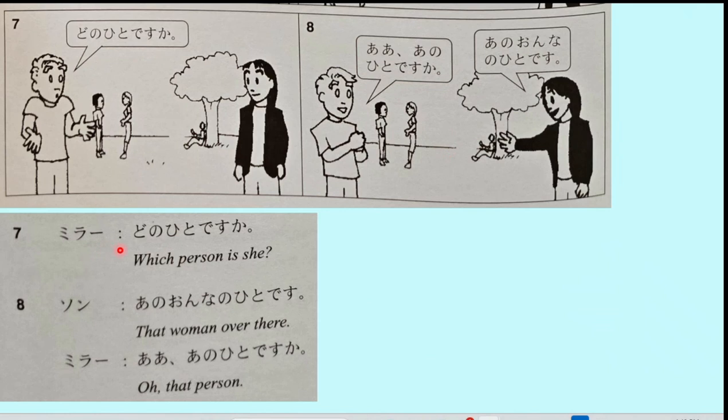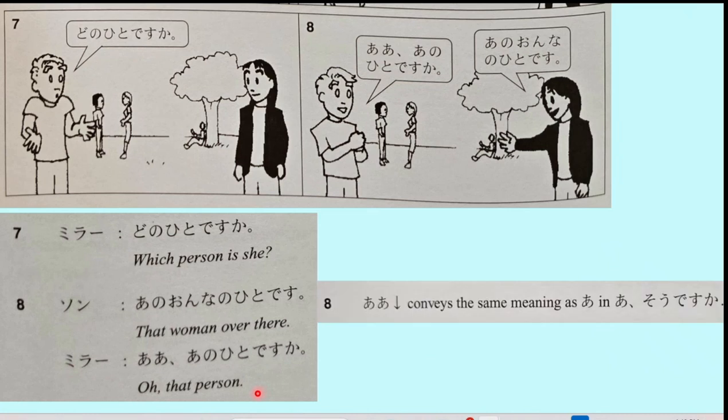So Miller-san asks, "Dono hito desu ka?" Which person is she? And Son-san says, "Ano onna no hito desu." That woman over there. And then Miller-san says, "Ano hito desu ka?" Oh, that person. See here, there is no question mark. Just oh, that person. So in this way, this short conversation has ended.